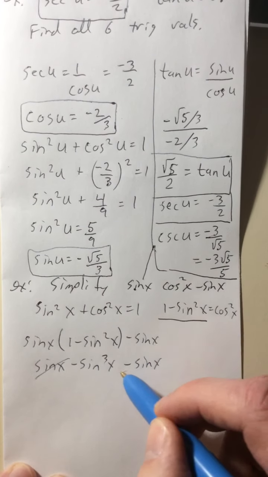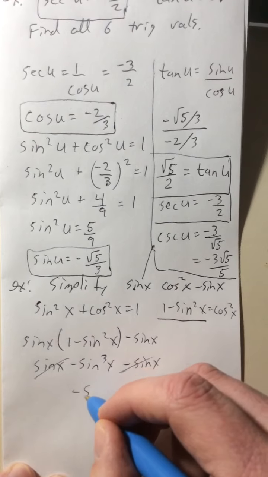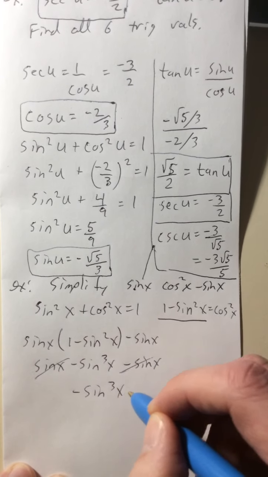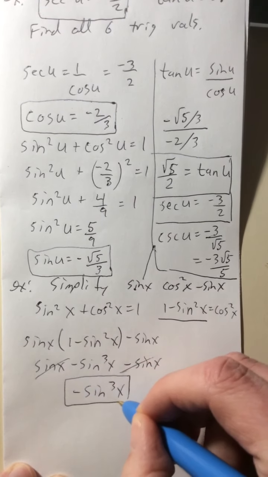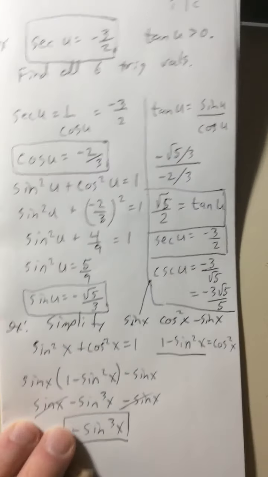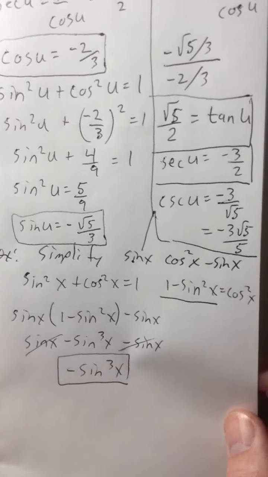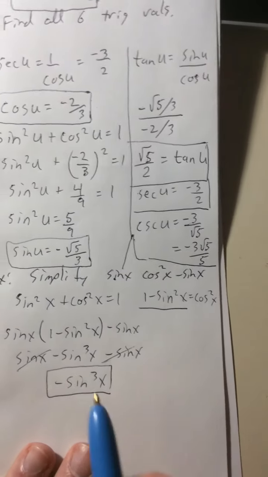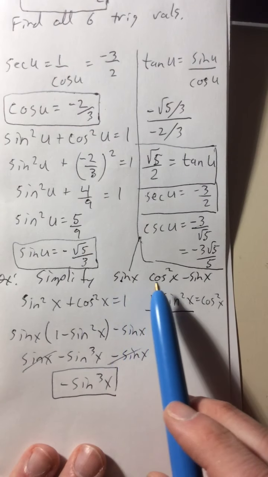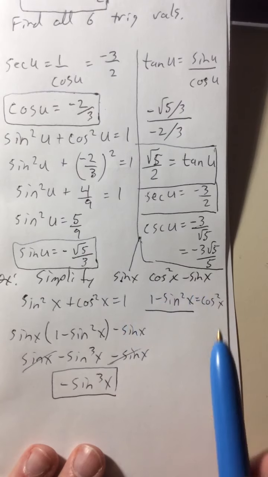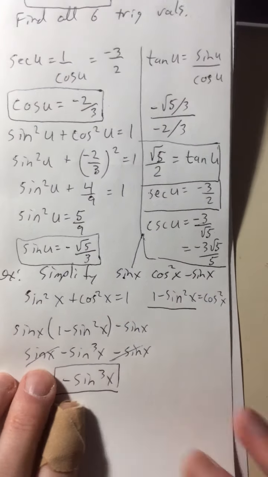And these guys are going to cancel off, and we're just left with negative sine cubed x. And there we go. Okay, again, the key is to try to turn everybody into sines and cosines and try to make sure that your expressions have all or as many of the same type of trig function as you can.